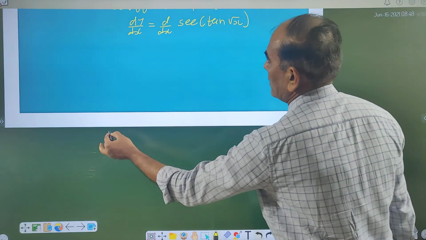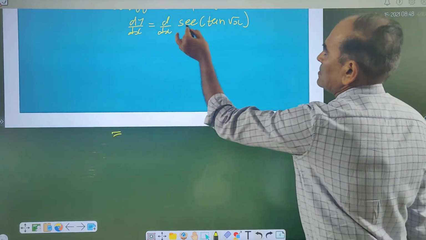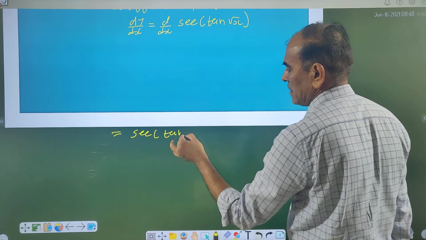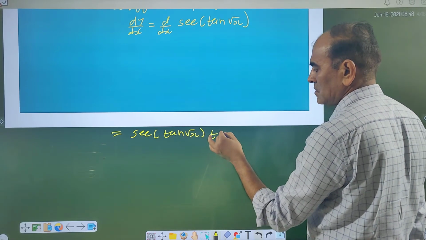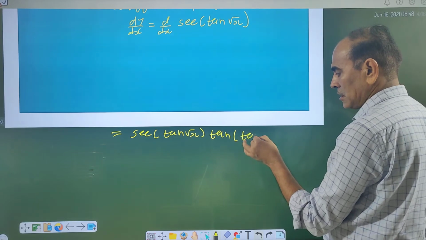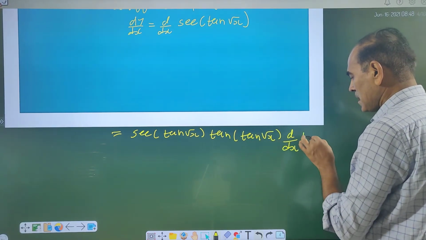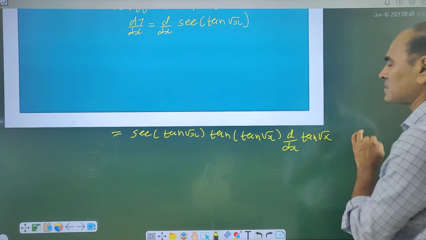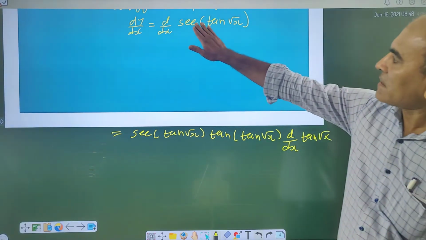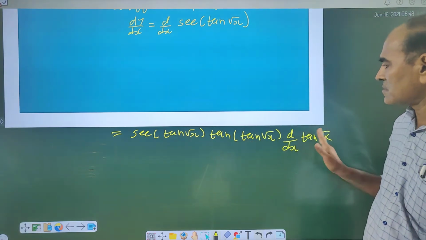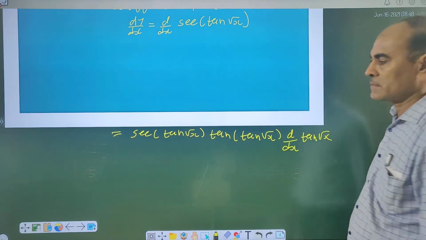See, the right side is equal to sec of some function, tan of some function, d by dx of some function.